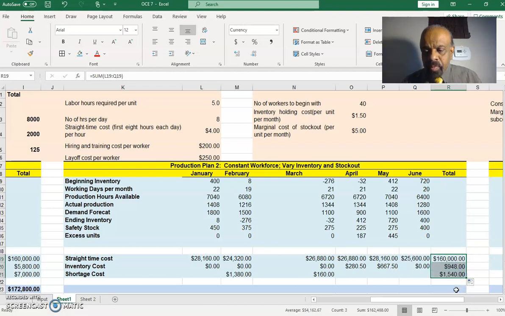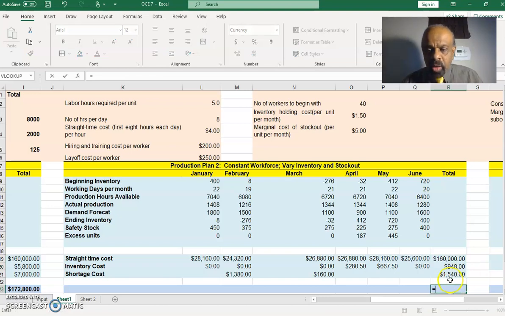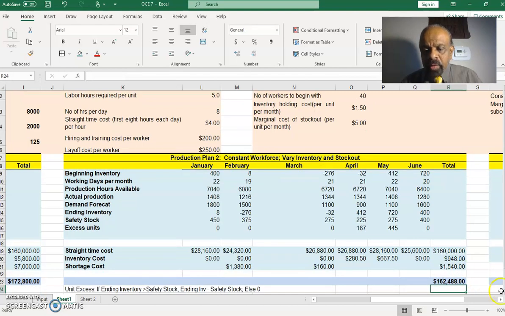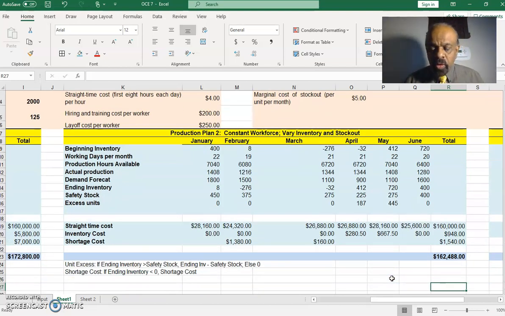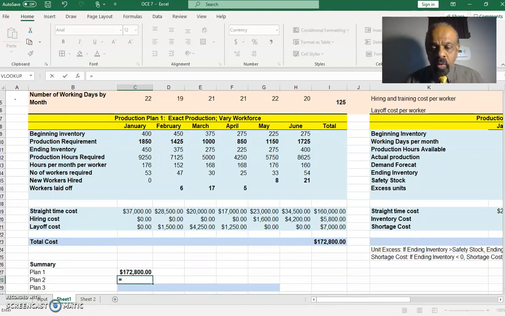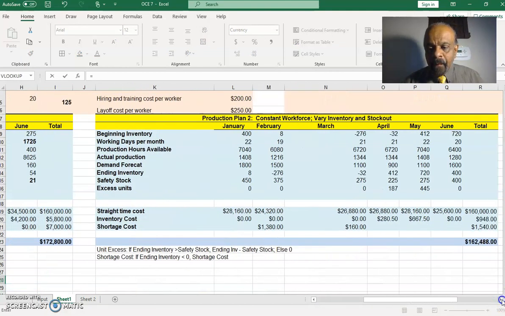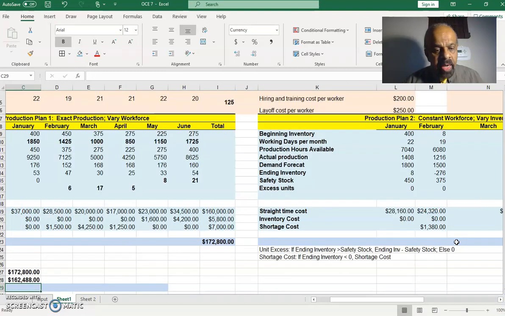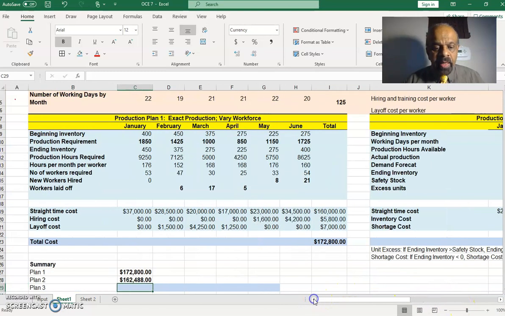So my total cost is going to be 160,000 plus 948 plus 1540, and that is going to be 162,488. I'm going to use this in my comparison table, and that is going to be equal to 162,488. So now I have my second plan done. So I have plan 1 and plan 2 done. I need to do plan 3. That's going to be my next.